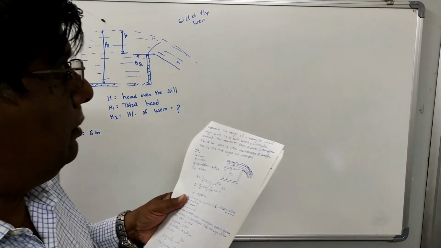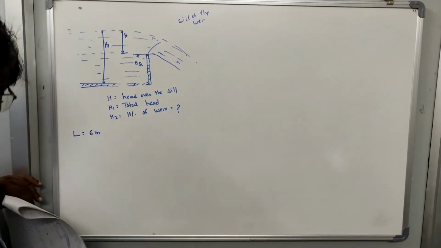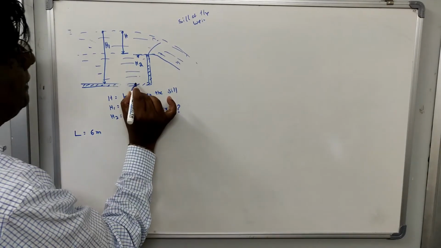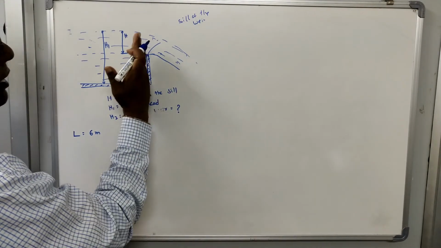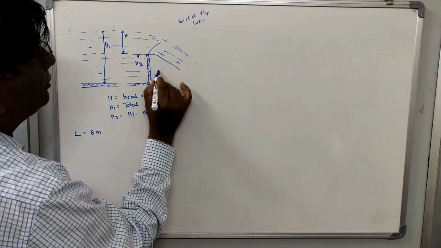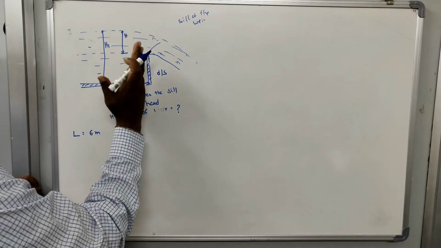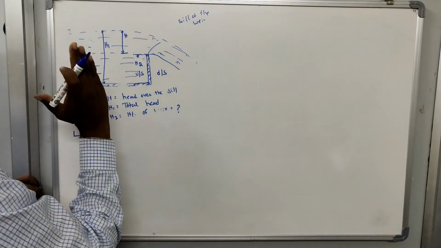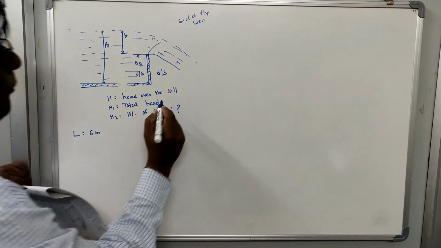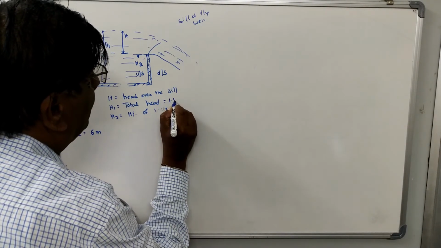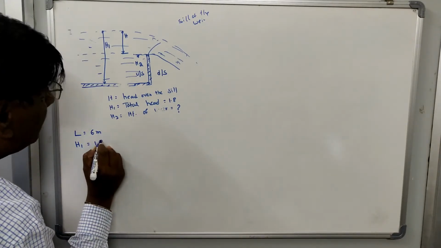Then, to be built across a rectangular channel, the maximum depth of water on the upstream side. This is your weir, this is the upstream side and this is the downstream side. The upstream side depth of water is given, which means H1 is given. H1 is equal to 1.8 meter.